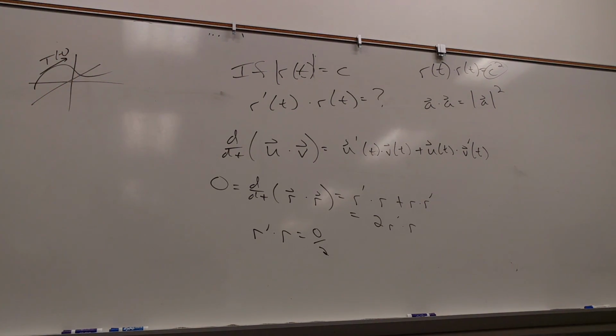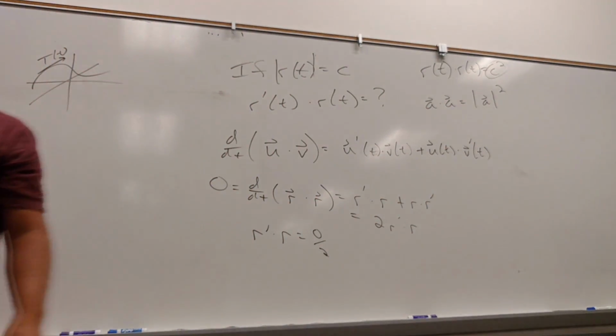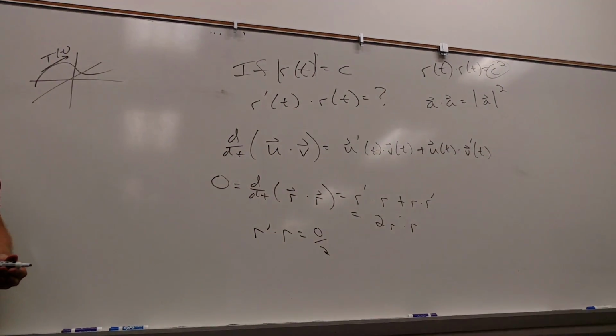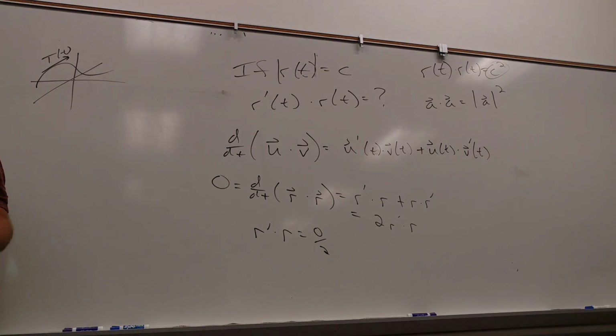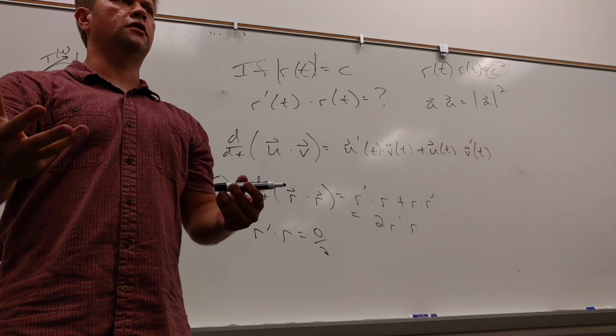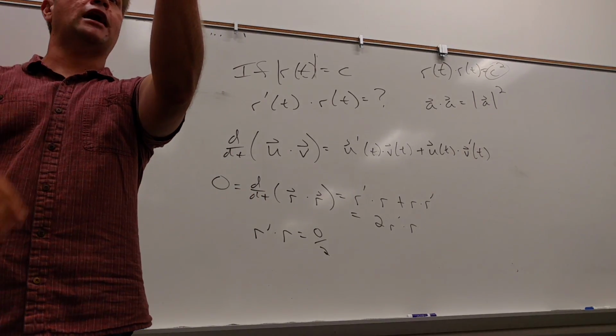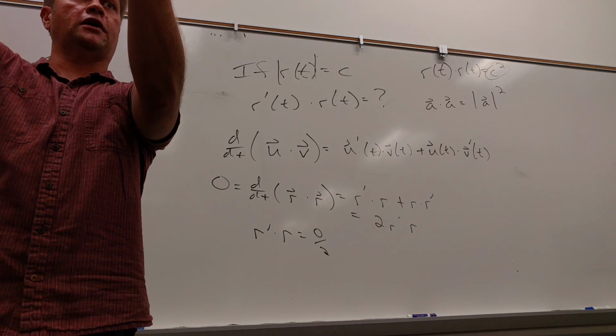How many vectors are orthogonal to it? 2. How do you define a plane? Just how do you define a plane? You must be given what 2 things? A point and a vector, because that vector is how related to the vectors in the plane.